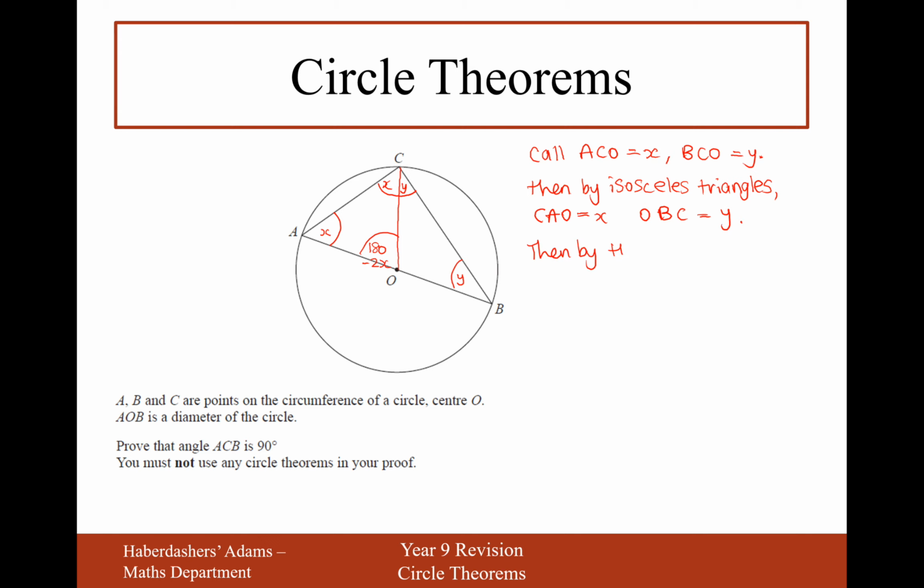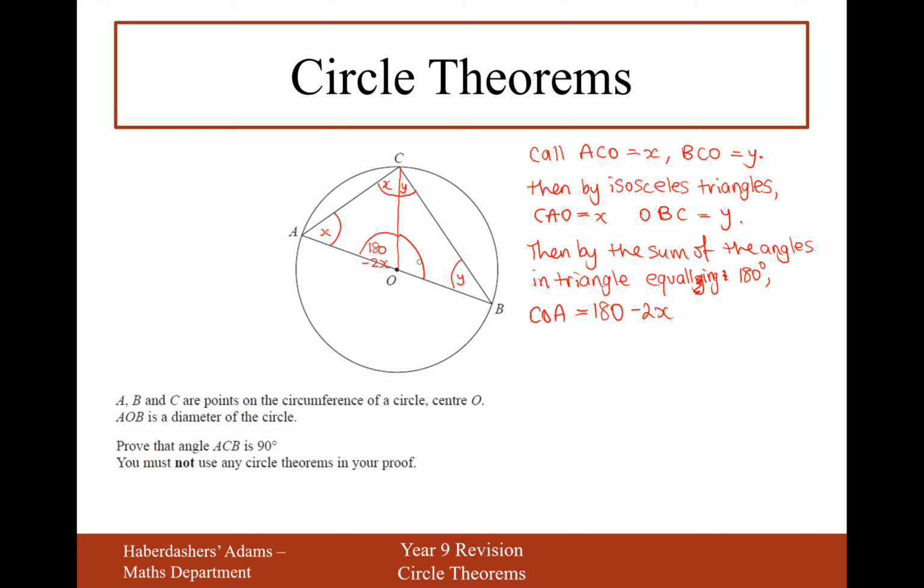So then, by the sum of the angles in a triangle equaling 180, we can infer that angle COA, the C to O to A, is 180 minus 2x.